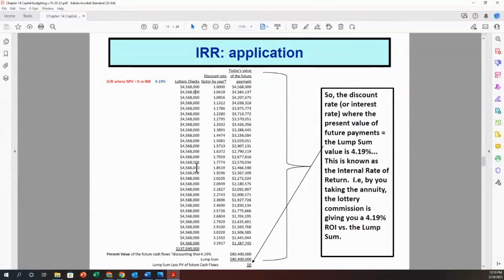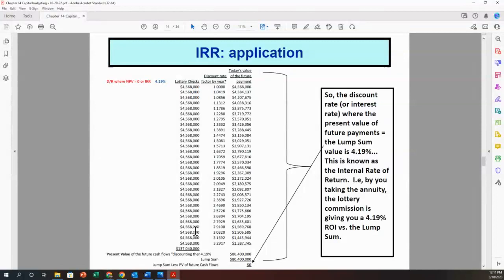I'm not going to pay him. You're going to pay him. How much do I have to pay you today so that you'll pay him $4.5 million a year for the next 30 years? And they say, we're going to invest it at 4.19%, so you have to pay us $80 million, $400,000. And then the lottery says, okay, that's the lump sum payment.